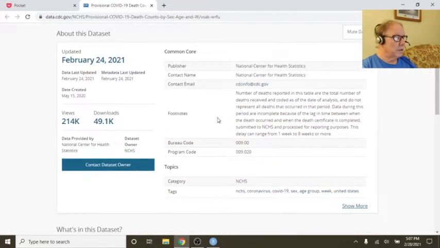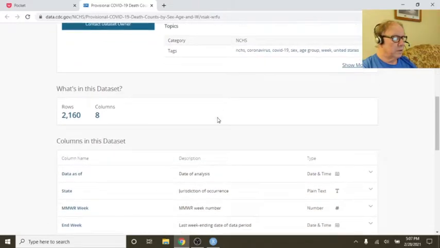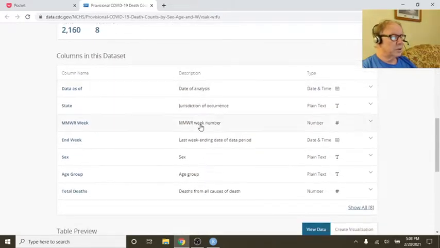Description: last week ending date of the data period. The data as of this number here. The end date: last week ending date of the data period.